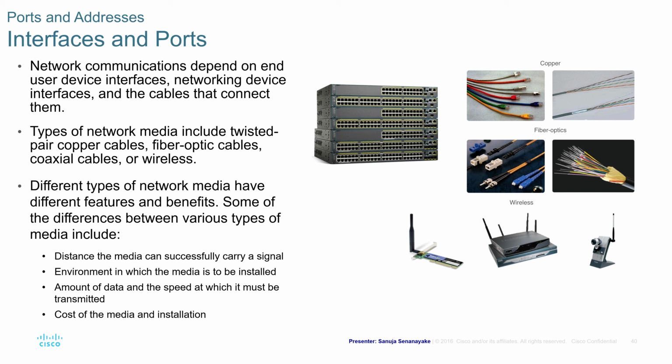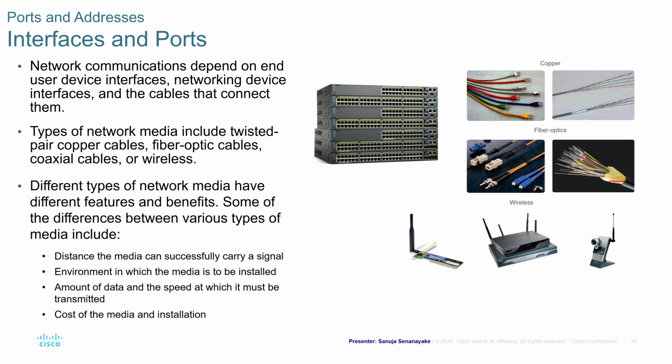Different types of network media have different features and benefits. Some of these differences include the distance the media can successfully carry a signal, such as a fiber optic cable can carry a signal a long distance without degenerating it compared to a metal wire. The environment in which the cable is to be installed: copper cables are more rigid, but more versatile compared to fiber optics in certain environments.